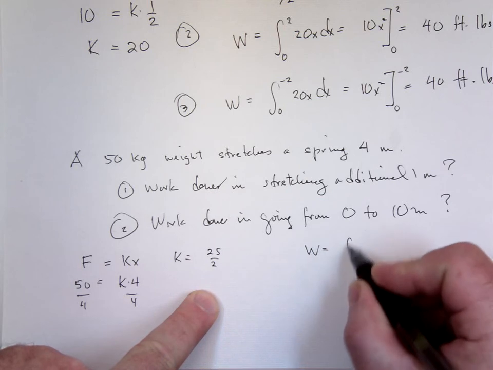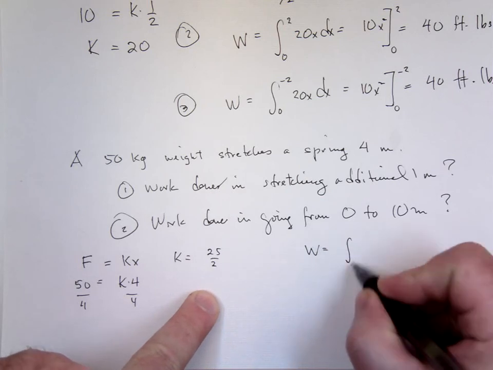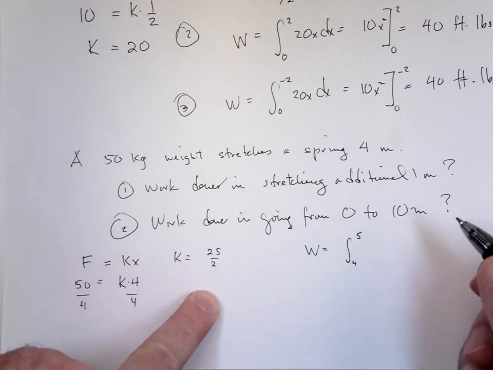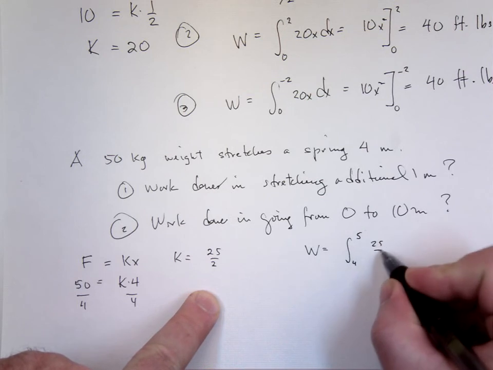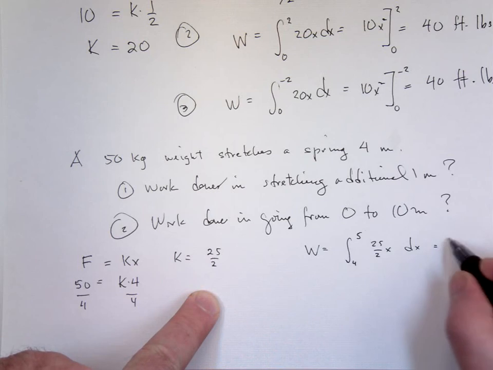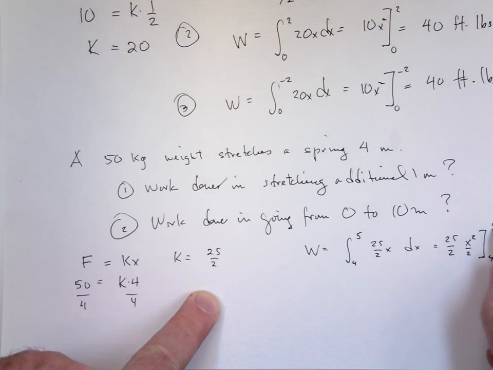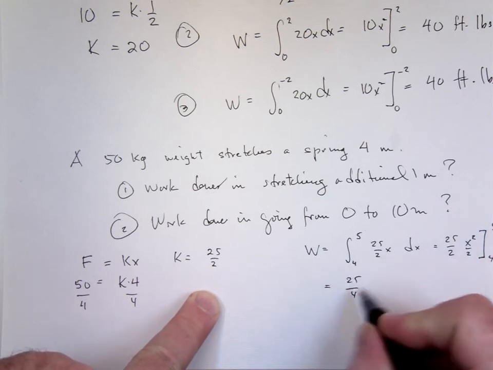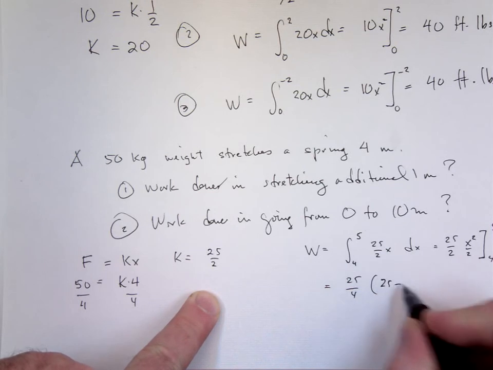K, X. So take the 25 halves out front, X squared over 2, from 4 to 5. We're going to have 25 fourths, 25 minus 16, we're going to have 9. So we get 225 over 4.